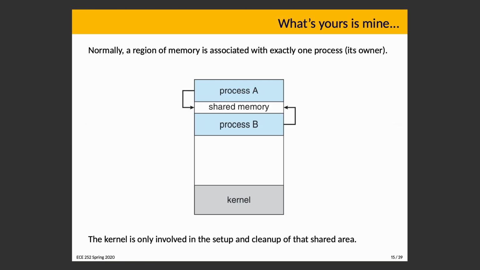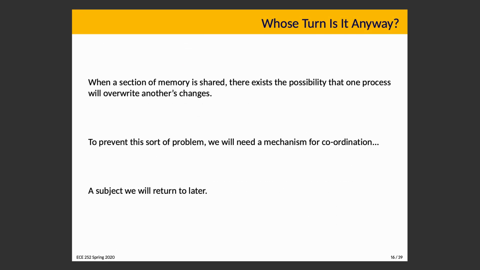And hopefully you also remember this diagram as well, which I totally trashed as being a totally unrealistic textbook-type diagram in which the world is perfect and all the blocks are perfectly sized and everything is wonderful, rainbows and unicorns. Okay, yeah, we know that. The real danger, of course, is that there is a possibility that one process overwrites another's changes, and we're going to have to, again, come back to the coordination topic a little bit later on.